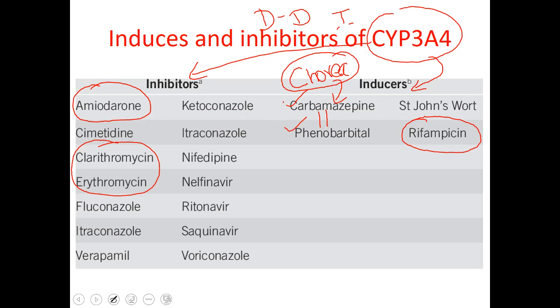So, this is a point I want to make clear to you. Check whatever PDF you have, whatever app you have, check whether the drug we are going to prescribe has an interaction. If so, either change to another drug or use it with utmost precaution.